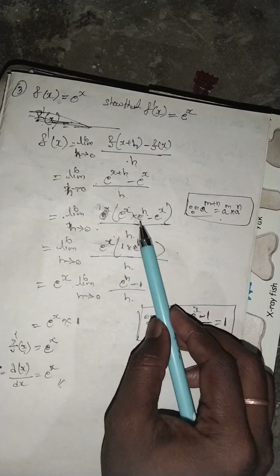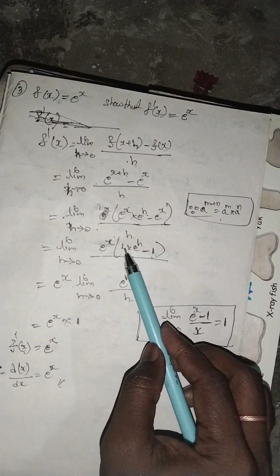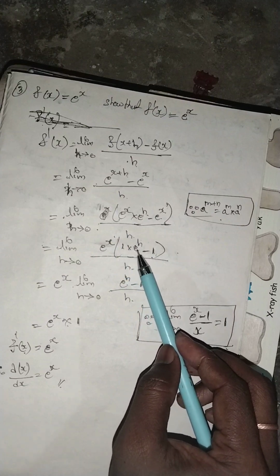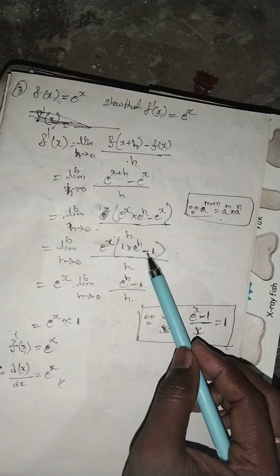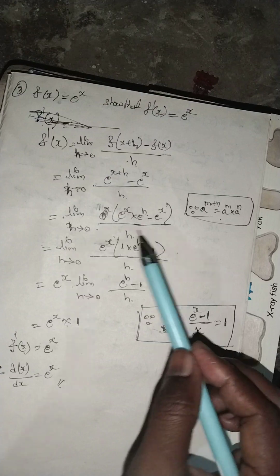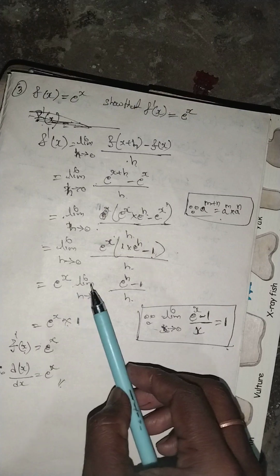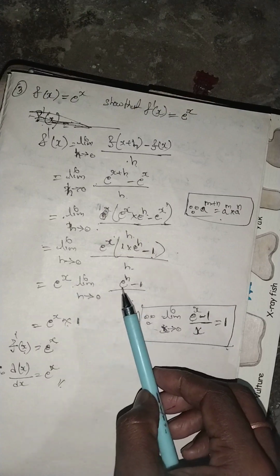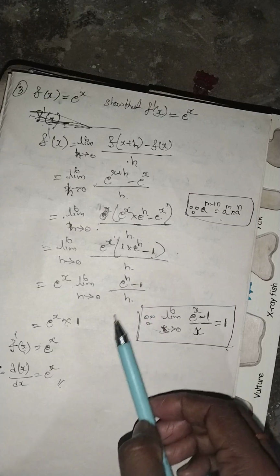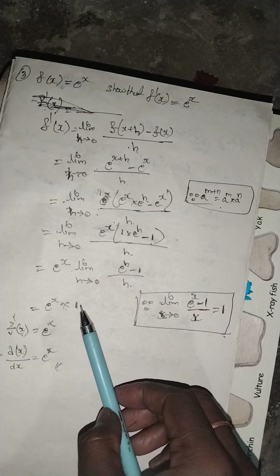I took common e to the power of x, that's why I write here e to the power of h minus 1, and e to the power of x is common, that's why I put here 1 by h, equal to e to the power of x limit h tends to 0 e to the power of h minus 1 by h, equals e to the power of x into 1.